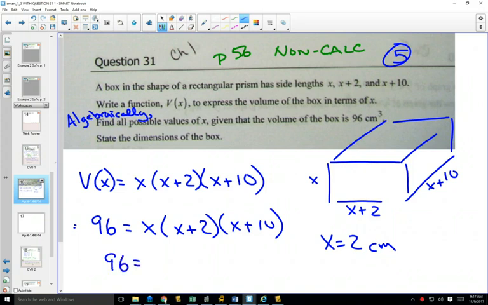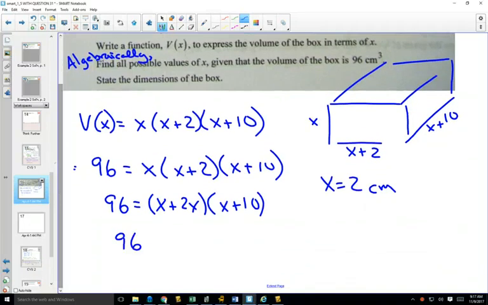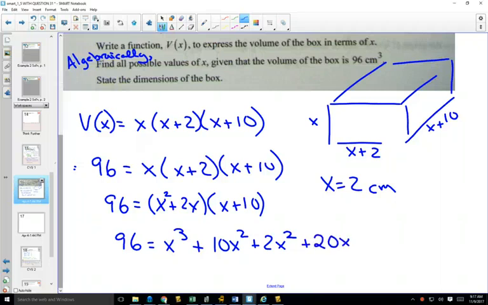I'll do that first. So if I multiply x times x plus 2, I'll get x squared plus 2x. And if I multiply that by x plus 10, just foiling this out, I'm going to get x cubed plus 10x squared plus 2x squared plus 20x.